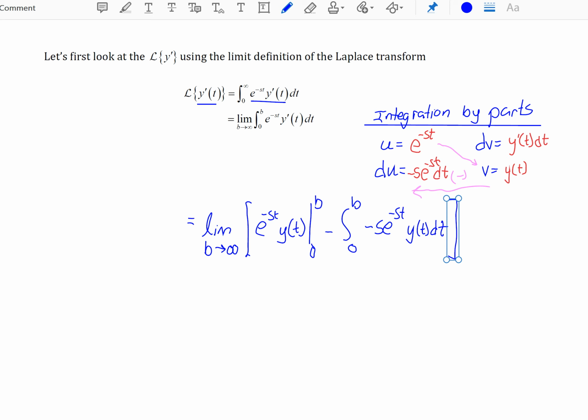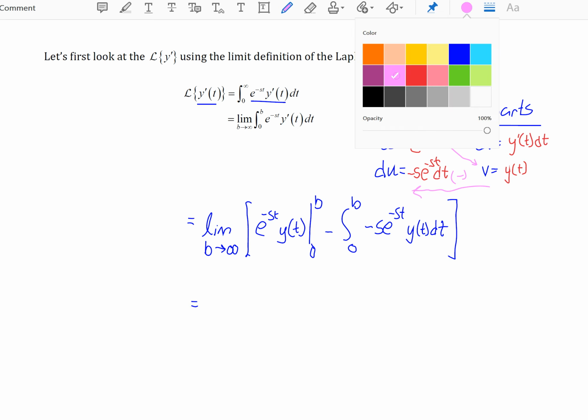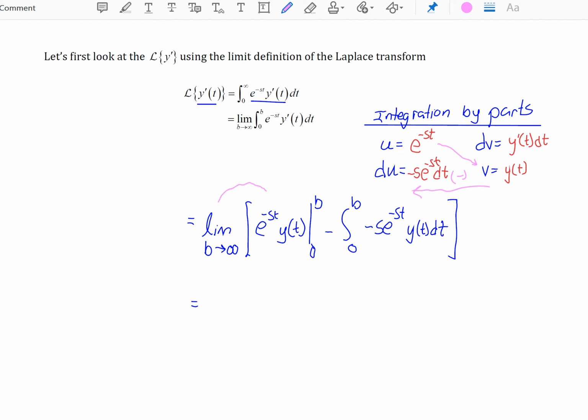Now let's see if we can rewrite this a little bit. Let's do two things. Let's distribute our limit to both terms in our antiderivative, and let's also use the fundamental theorem of calculus to evaluate this first portion of our antiderivative. So let's write this as the limit as b goes to infinity.